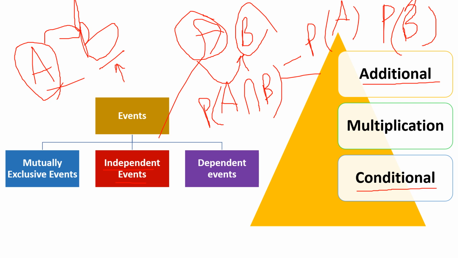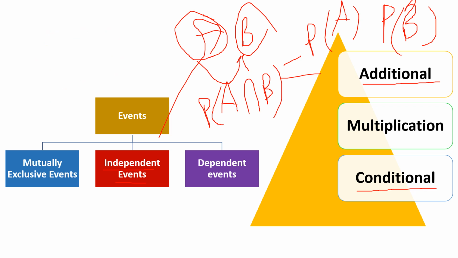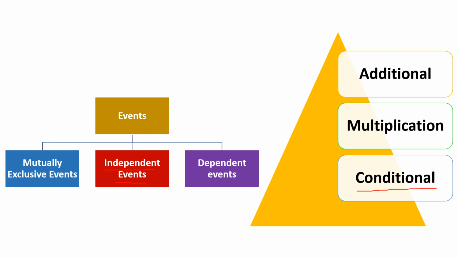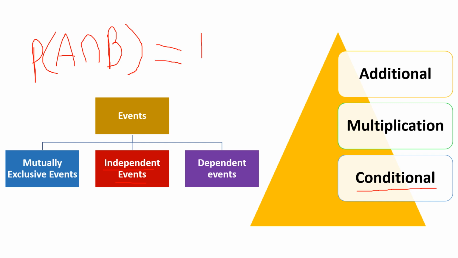And the formula becomes probability of A intersection B equals probability of A. ఇక్కడ ఏమని చెప్పుకున్నాం మనం? ఈ టూ ఈవెంట్స్ అనేటివి డిపెండెంట్ ఈవెంట్స్.